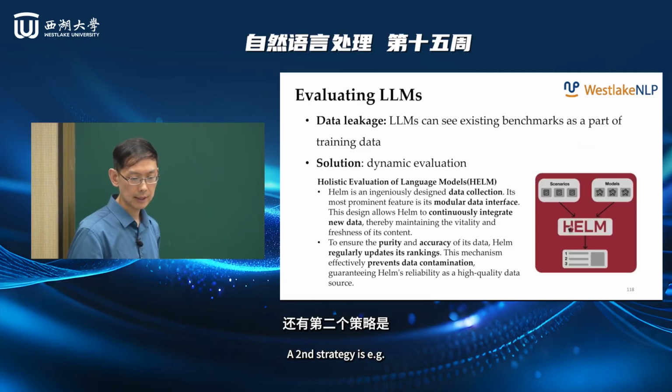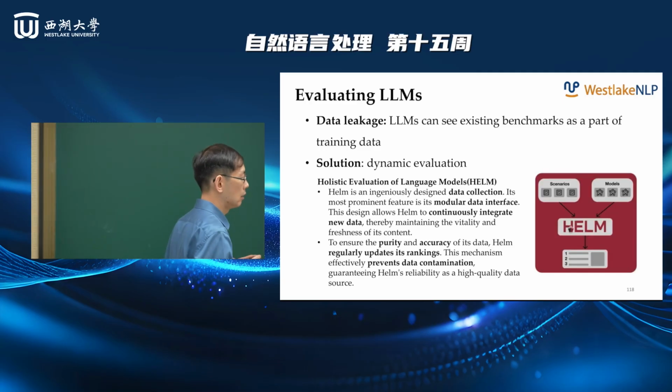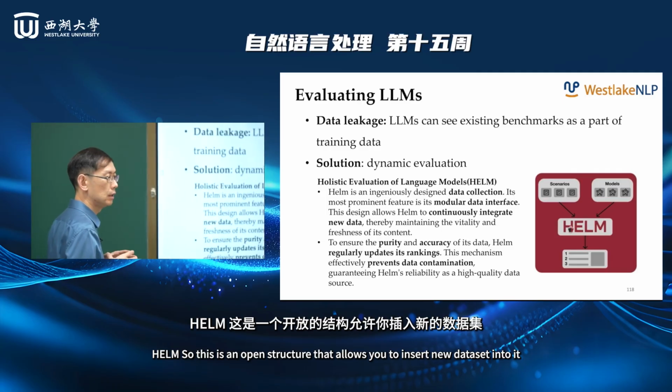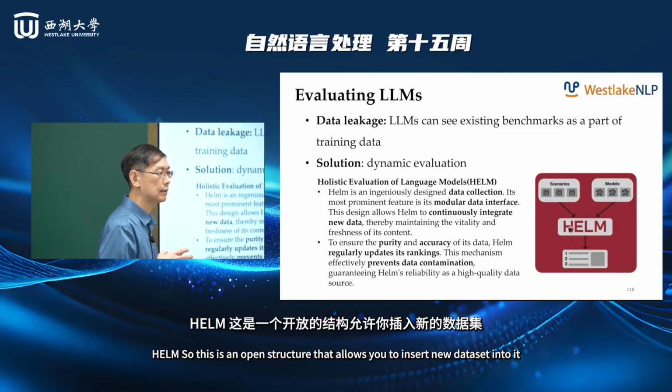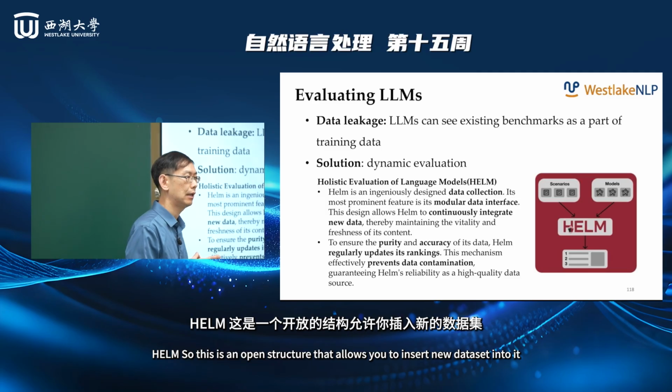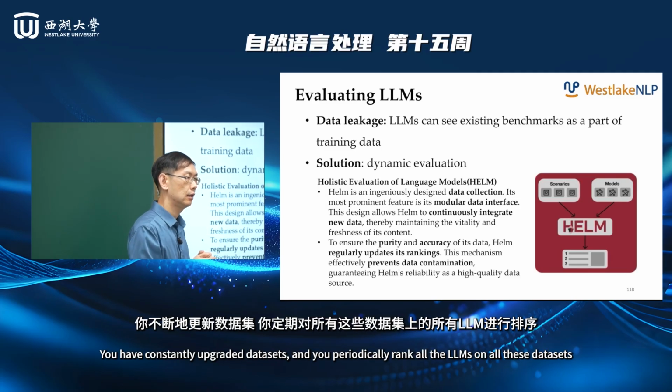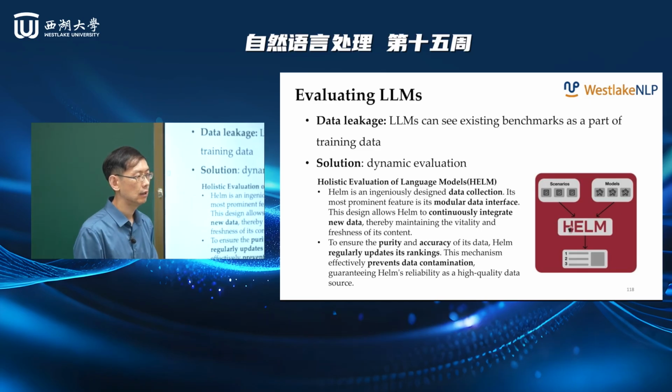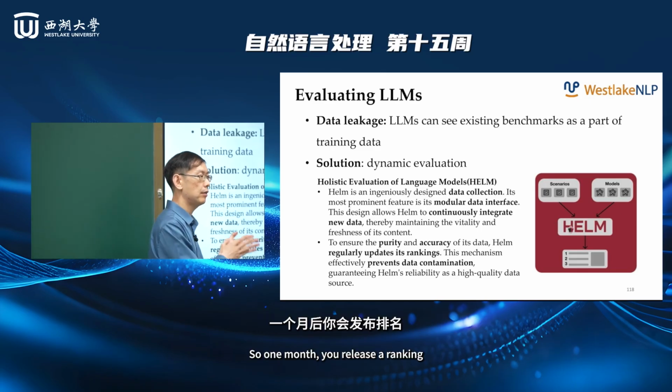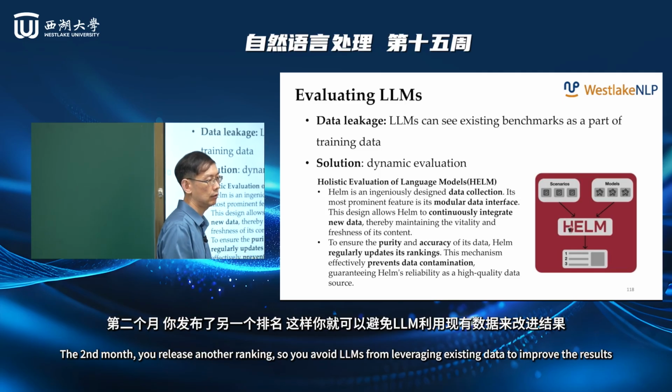A second strategy is, for example, HELM. This is an open structure that allows you to insert new data sets into it. You have constantly upgraded data sets, and you periodically rank all the LLMs on all these data sets. So one month you release a ranking, the second month you release another ranking.